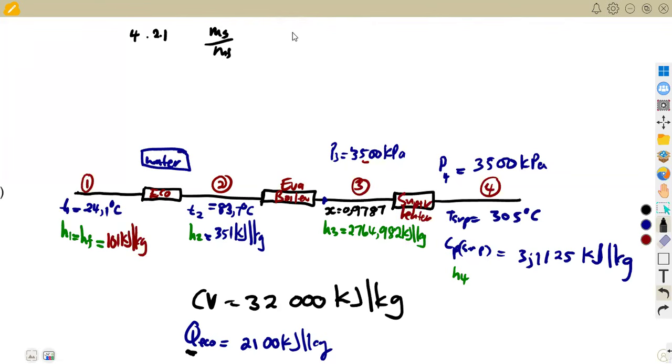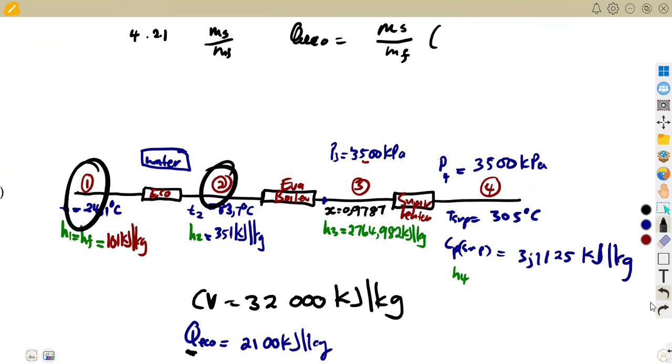Remember, I talked about that formula, and I said the Q economizer is given as the mass of steam over the mass of fuel, into the difference. This is where your economizer is. So the enthalpies that you affect is the output minus the input. The output of the economizer is H2, so that will be H2 minus H1.